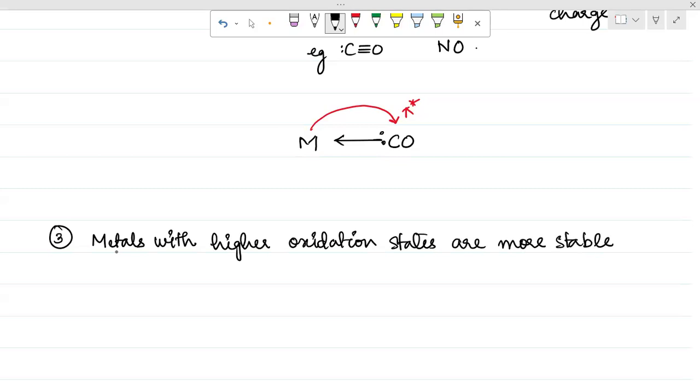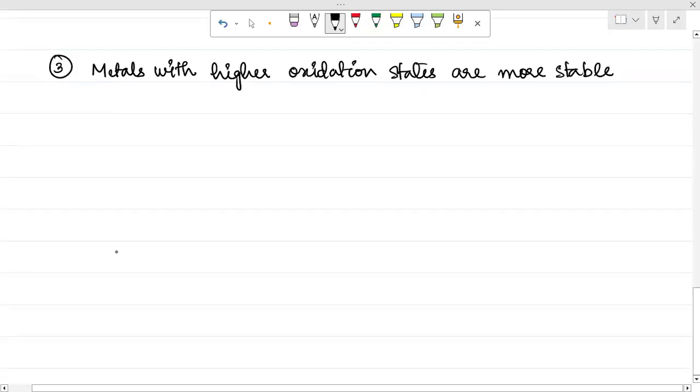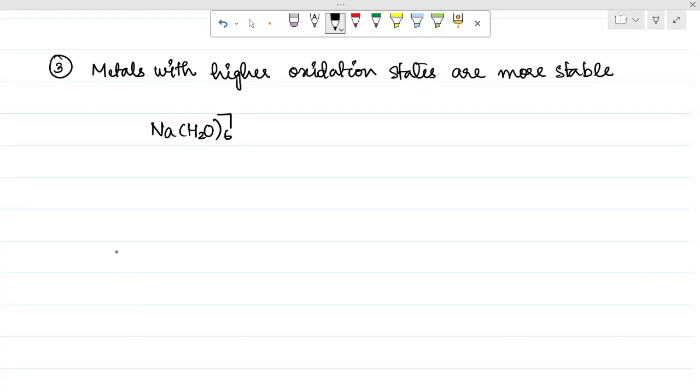Let's see an example. Let's say you have [Na(H2O)6]+, [Mg(H2O)6]2+, [Al(H2O)6]3+. So in all these cases, you can see that the ligand which is attached is just water.